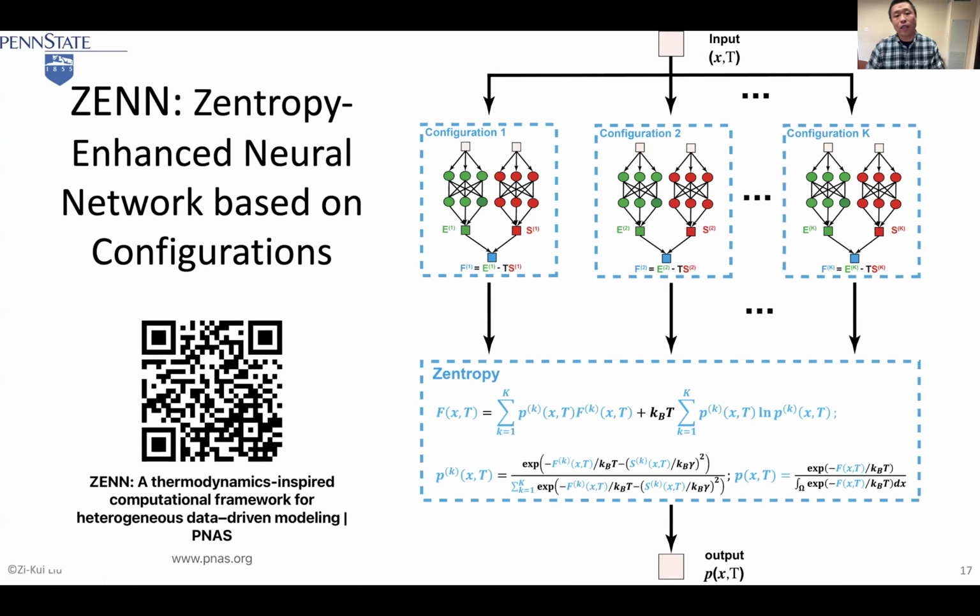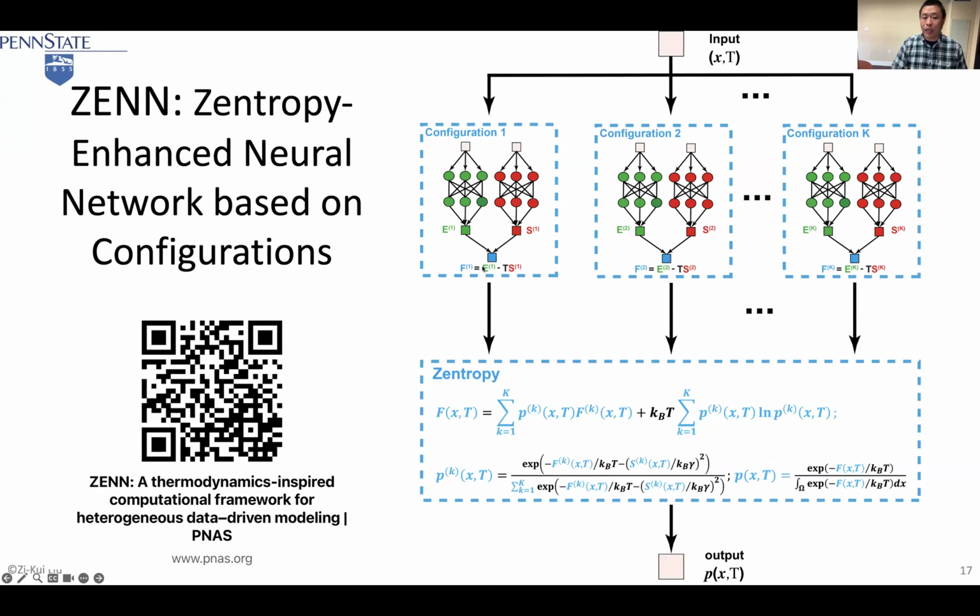Then from here you can easily see what we have. We have different configurations: configuration 1, configuration 2, and configuration K. This is the whole big picture. You have different configurations built into your neural network, and for each of them you should also have two parts: one for E_k, one for S_k.